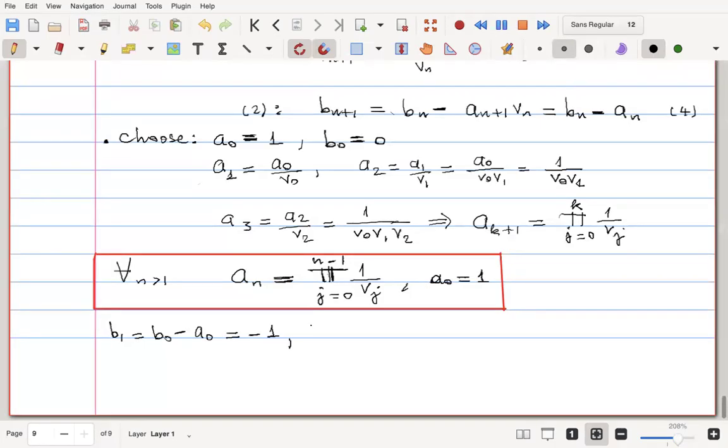And what is b_2? b_2 will be b_1 minus a_1. And a_1 is given here. So b_1 is negative 1, so this is negative 1 minus a_1. a_1 is a_0 by v_0.